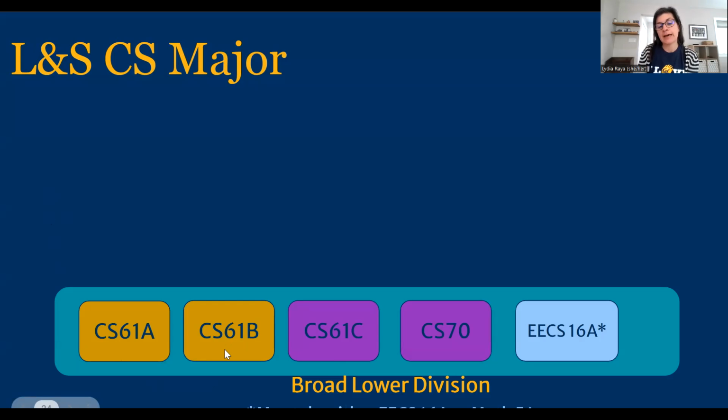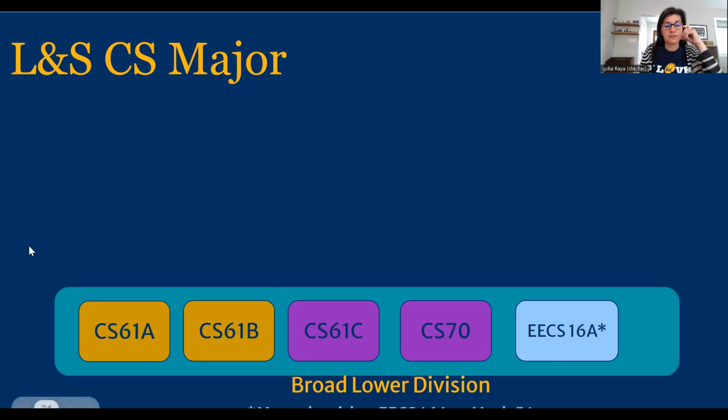That's the most common class that transfers will have either fully or partially articulated before coming to Berkeley. 61C is machine structures, and some students will also have that class completed. And then CS 70 is really a math class. It's called discrete math. And then finally, EECS 16A or Math 54 is linear algebra.